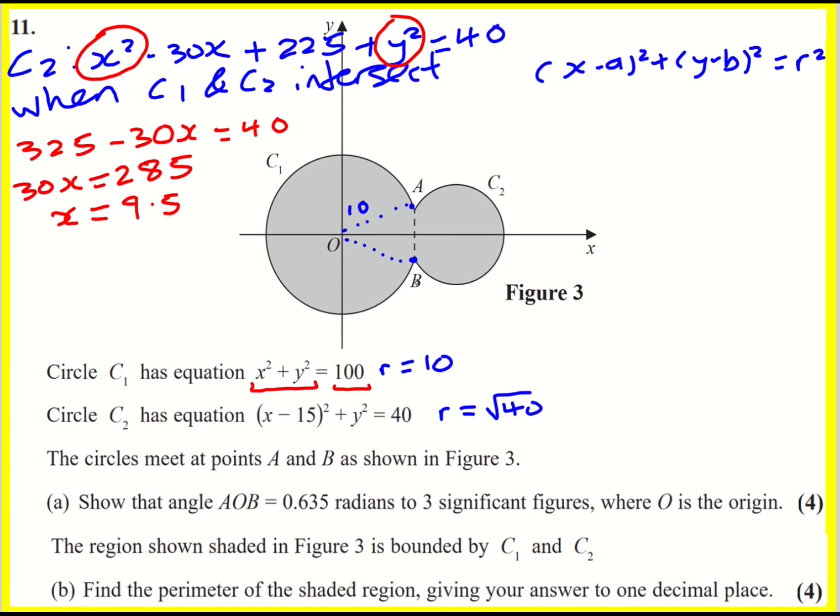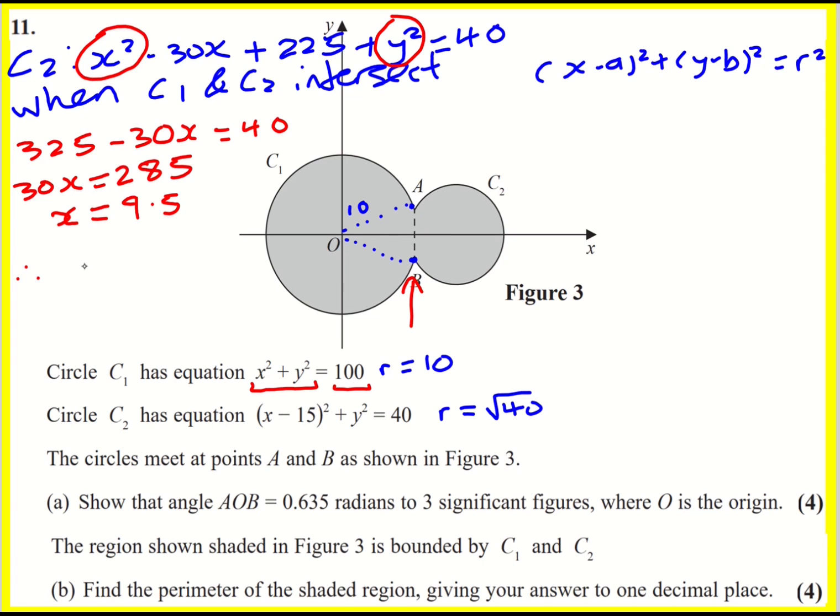So that's the value here for both of them, of course, because it's a vertical line. We're going to get two different y values, and I'm going to need both. So I'll put it back into x squared plus y squared is 100.